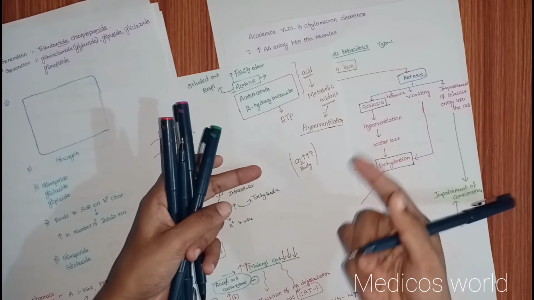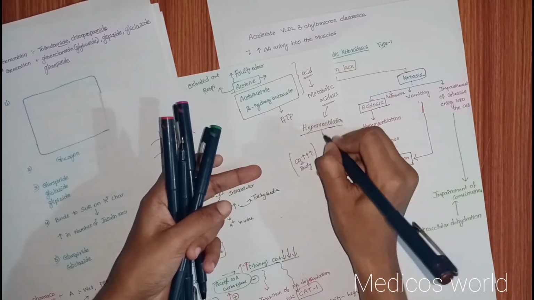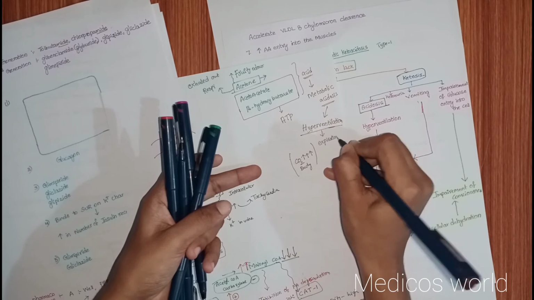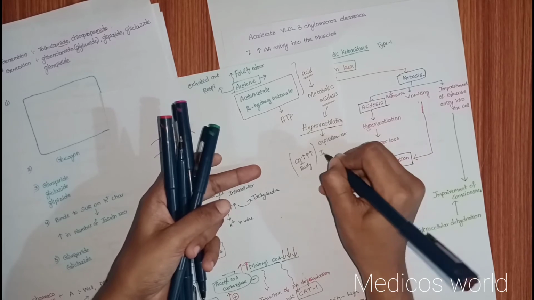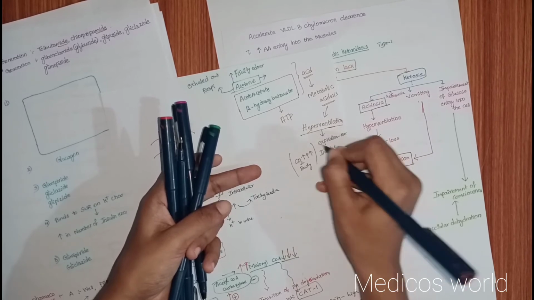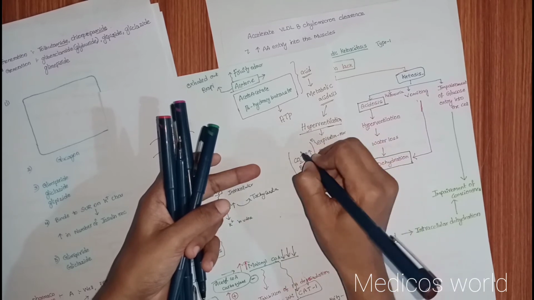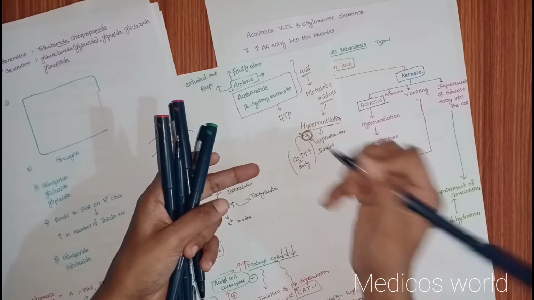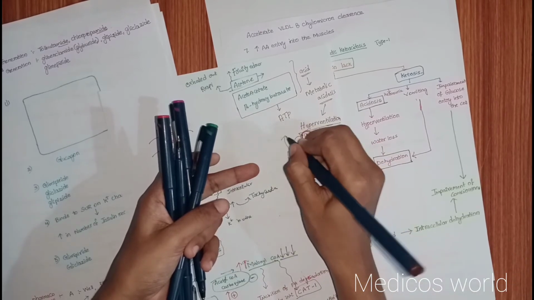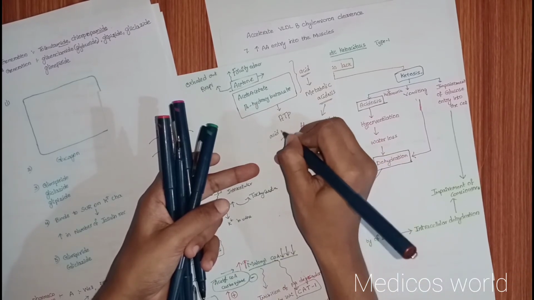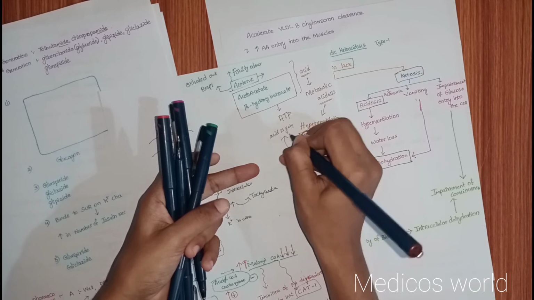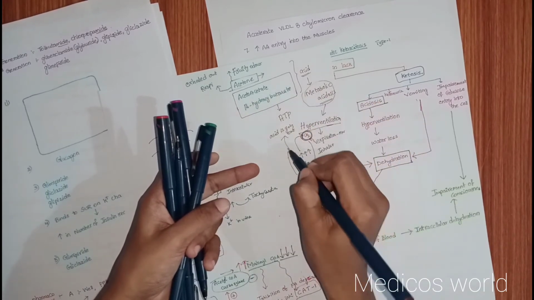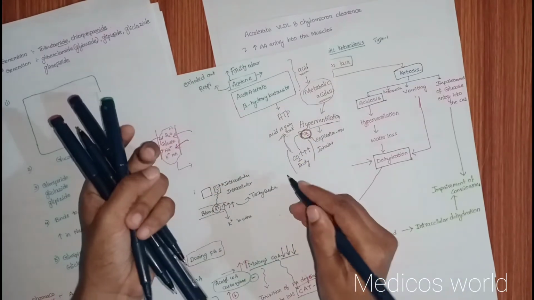In hyperventilation, expiration time is more than inhalation, so carbon dioxide is washed out from the body. That means acid is going out. That is the compensatory mechanism.